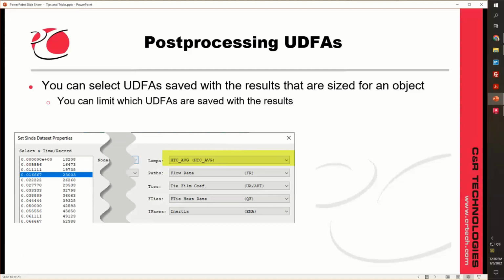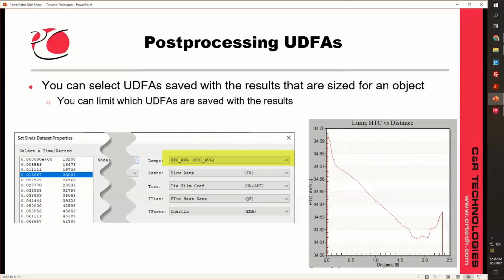Then I can look at how the heat transfer coefficient is a function of distance. You'll notice this drop off here. The end lumps on pipes aren't used with ties, so HTC is set to 0 simply because the area is set to 0.